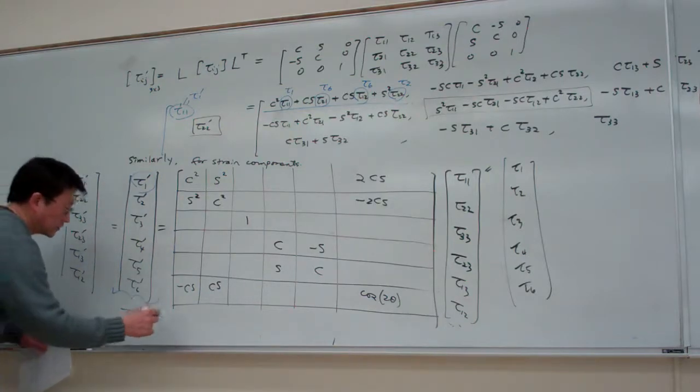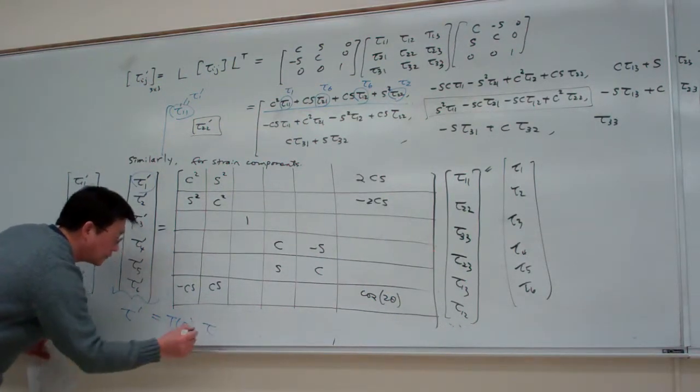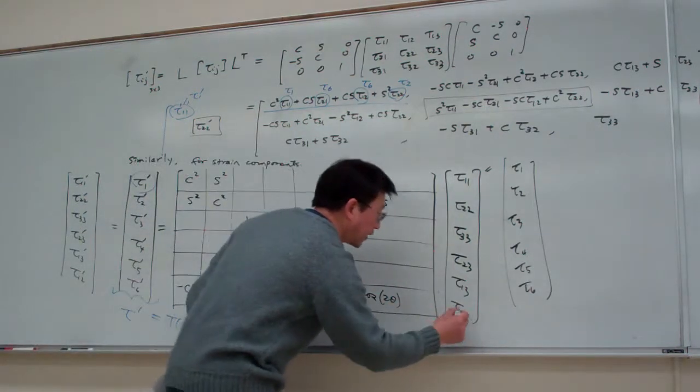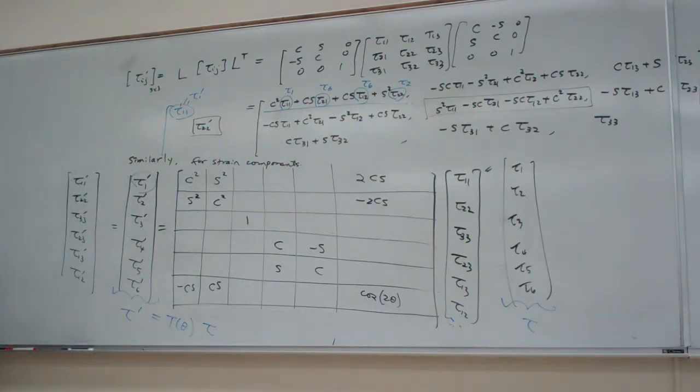This is the transformation, T theta, with tau. So basically this defined is tau. Okay, so that's a transformation matrix. The same symbol as we used in the previous sections.